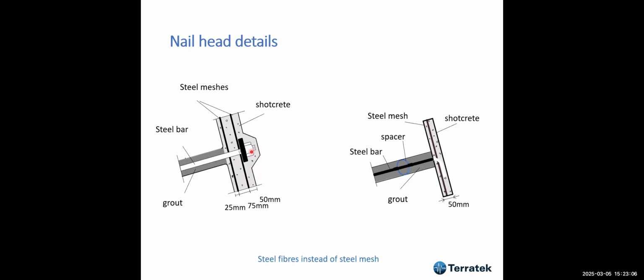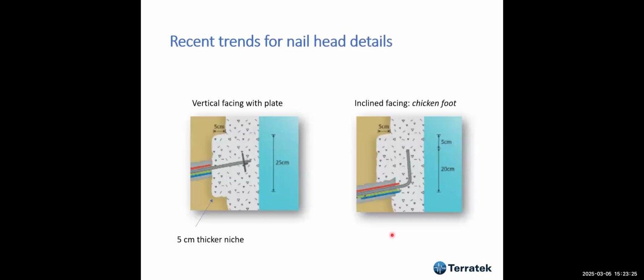We can also use steel fibers in concrete instead of the steel mesh. I didn't tell you that before. There are lots of applications of that. I have used that as well. And recent trends for nail head details, as we used a lot of these soil nails.